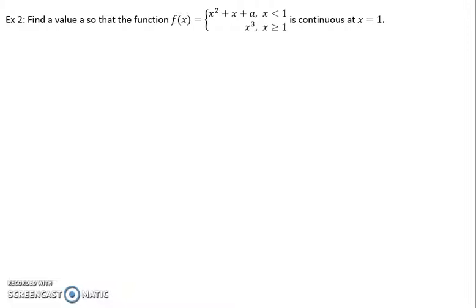So if we think about our definition, we know that the limit from the left and the limit from the right have to be the same thing. Not only that, but it has to equal what f of, in this case, 1 is.